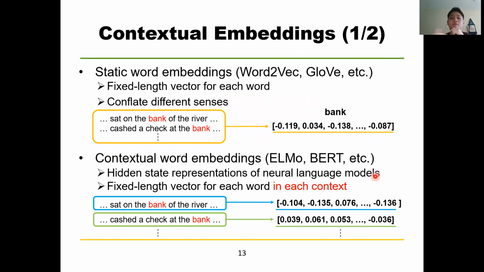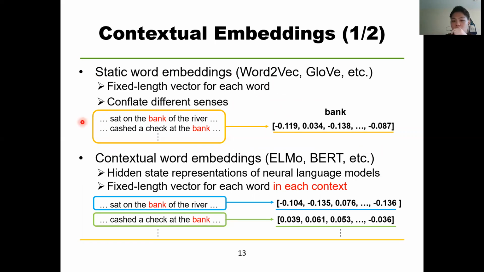And before going further to modern WSD systems, I'd like to briefly go over the basics of contextual embeddings, which are shown to be very effective for various NLP tasks. Several years ago, the idea of word embeddings was introduced as static word embeddings like word2vec or GloVe. And they produce a fixed length vector for each word as shown in this figure here.